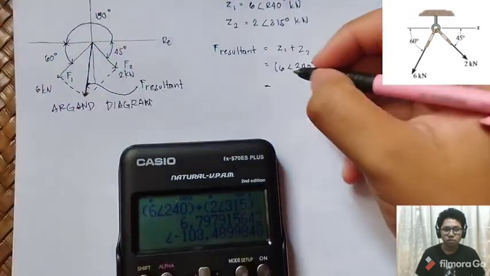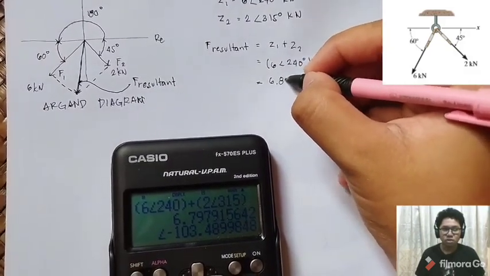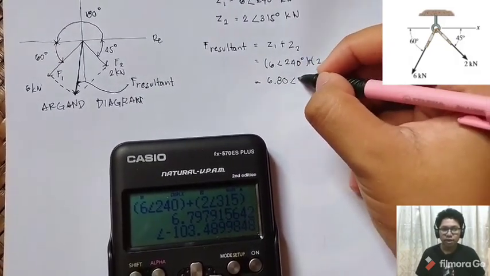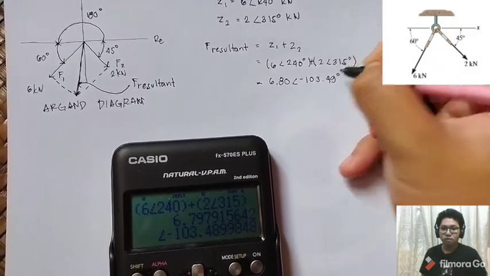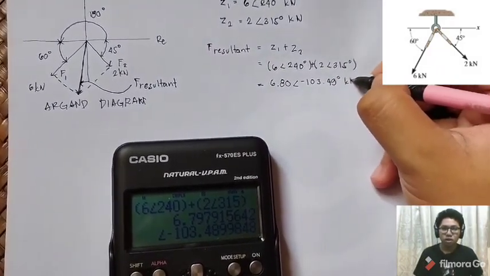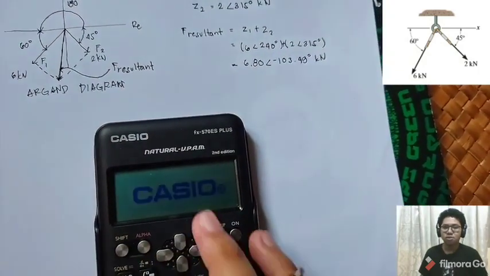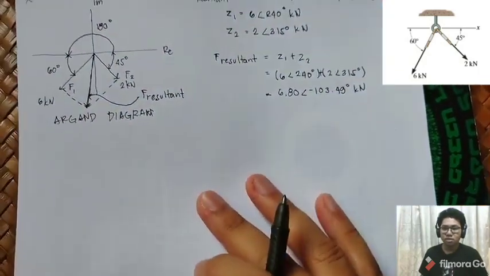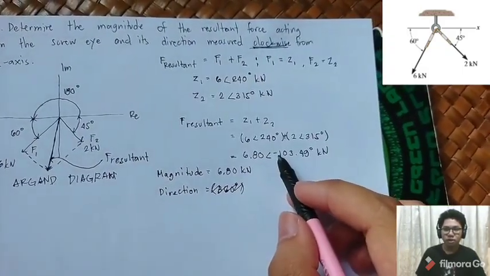So the value for our resultant force is 6.80 for our magnitude, and for our angle from the x-axis that is clockwise, it is 103.49 degrees.